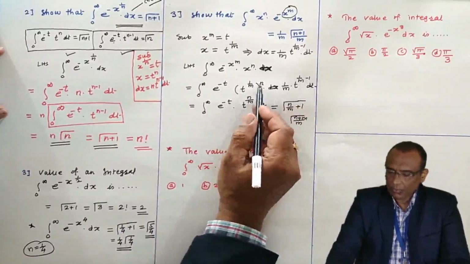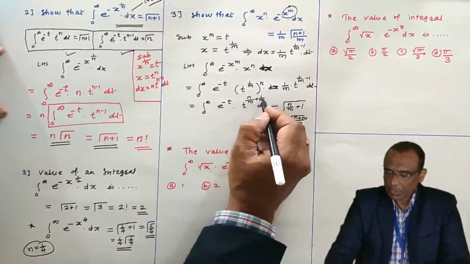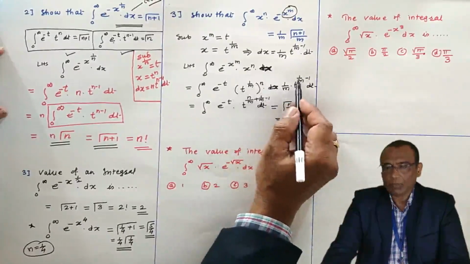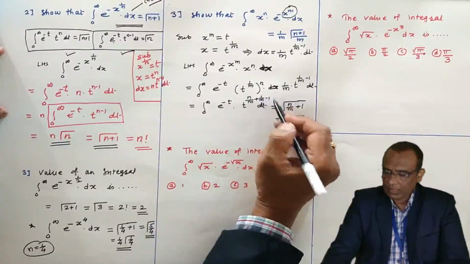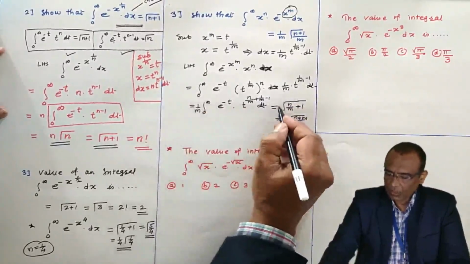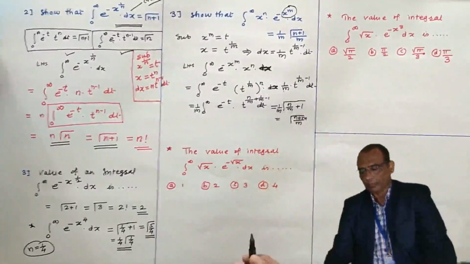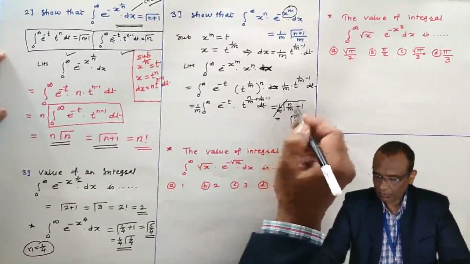This value I have not written. Therefore, t to the power n by m is there plus 1 by m minus 1, because t power n by m and t power 1 by m minus 1, and dt is as it is. This 1 by m I am taking outside.